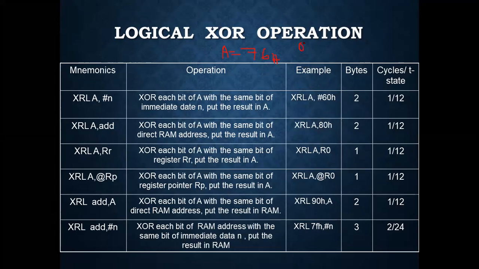Simply, 7 is 0 1 1 1, 6 means 0 1 1 0. And 60 is 0 1 1 0 0 0 0 0. So these two will be XORed, and the result will be stored into the A register. Clear? Now you can find the result by XORing these.